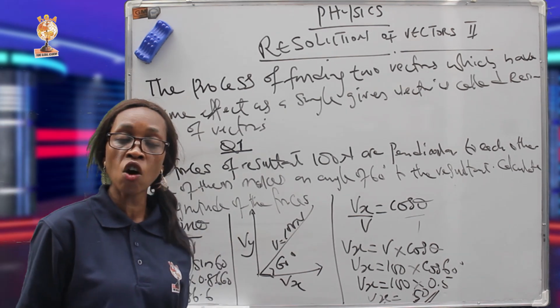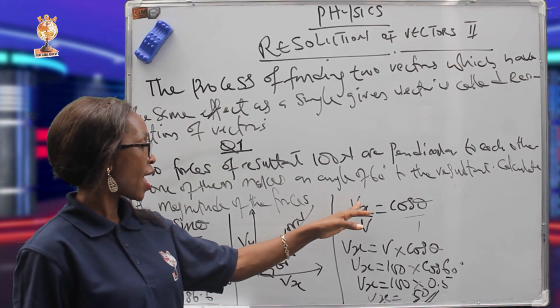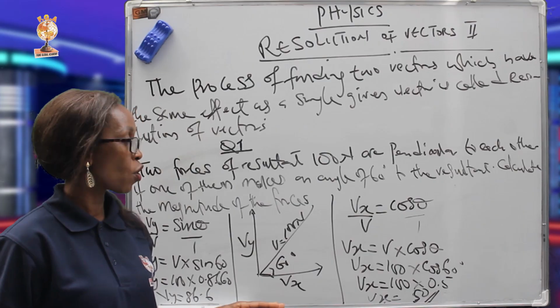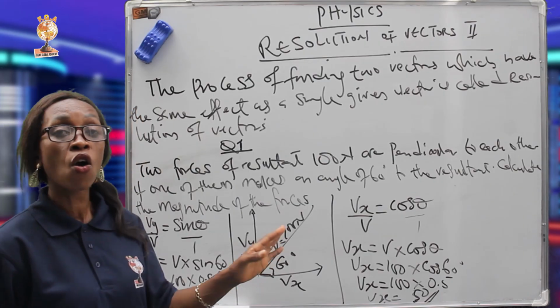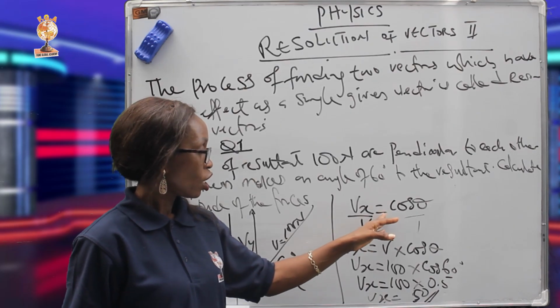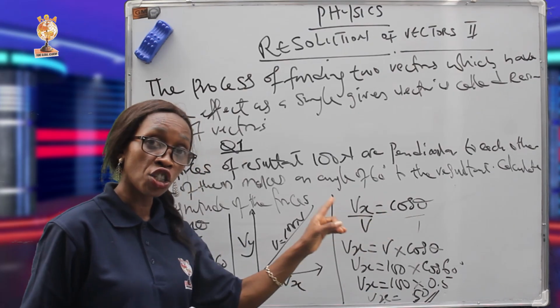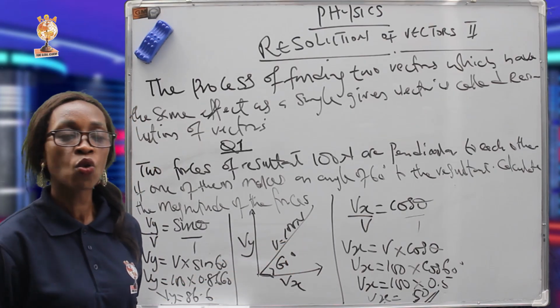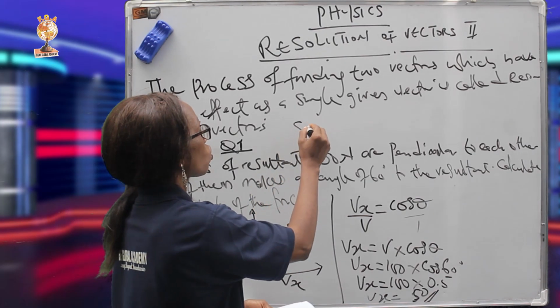Alphabetically, x comes before y. So Vx over V is equal to cos theta. All the horizontal coordinates, which is the x-axis, are cos theta. And so you have Vx over V equals cos theta using your trigonometry. Now, cos theta, like I said before in the last two classes, you have SOHCAHTOA.